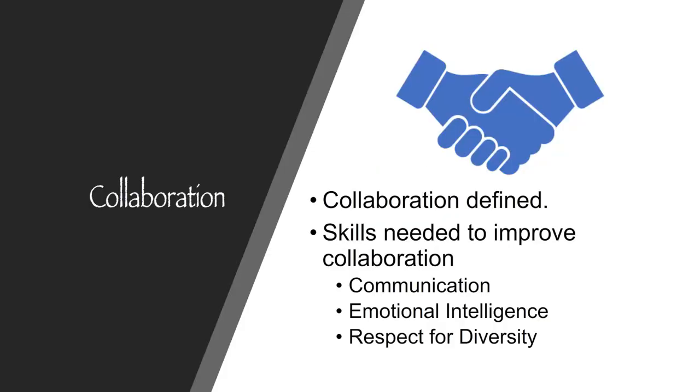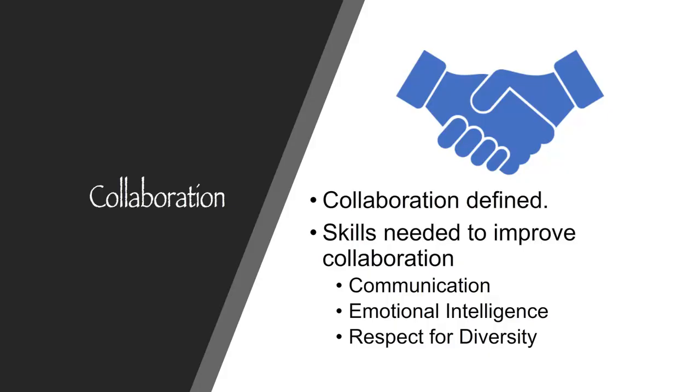Skills that improve collaboration include communication, which is active listening, written communication, verbal and nonverbal communication skills, emotional intelligence, those soft skills that are able to understand the hidden needs of themselves and others, and respect for diversity.